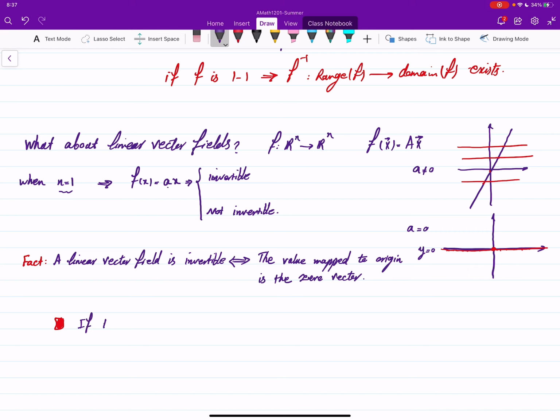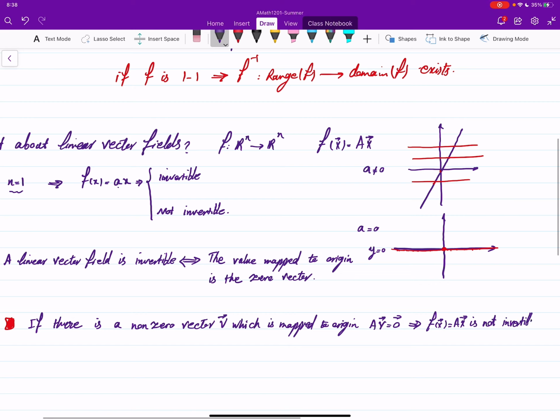If there is a non-zero vector v which is mapped to the origin, so Av is equal to 0, then the linear vector field f(x) equal to Ax is not invertible.